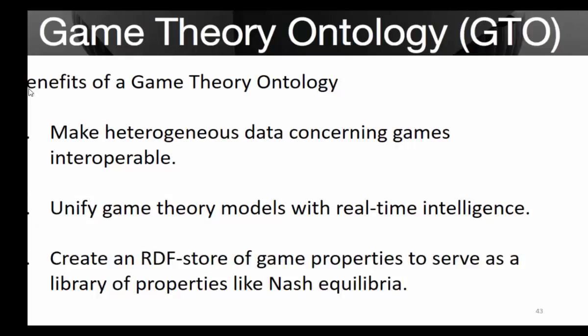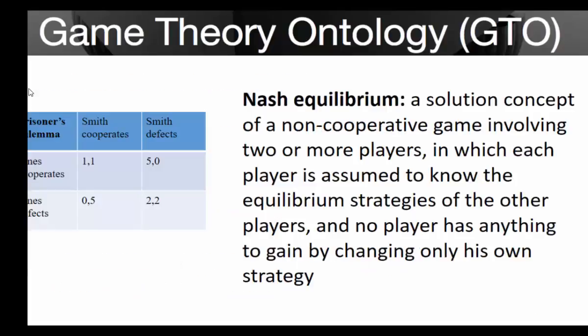So something I'm interested in is a possible intelligence application of this, which is to create an RDF store of game properties to serve as a library of properties like Nash equilibria. Now, Nash equilibria are really important in game theory. They are solution concepts of non-cooperative games involving 2 or more players in which each player is assumed to know the equilibrium strategies of the other players and no player has anything to gain by changing his own strategy.